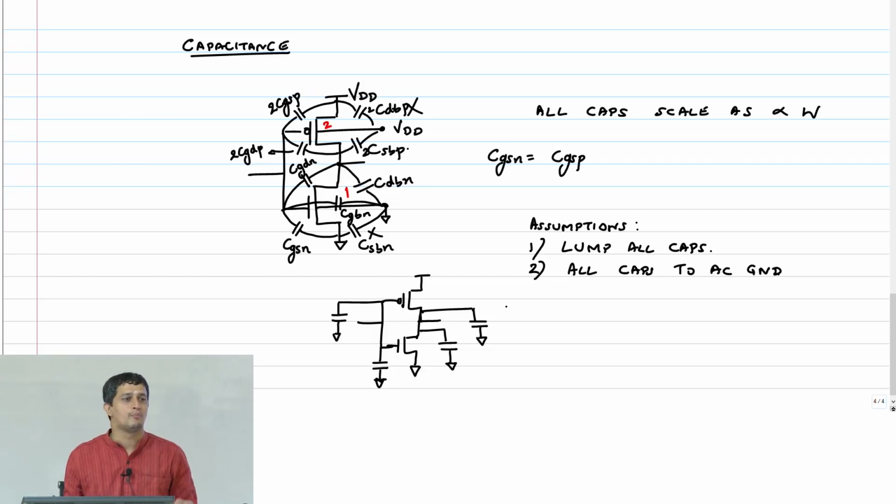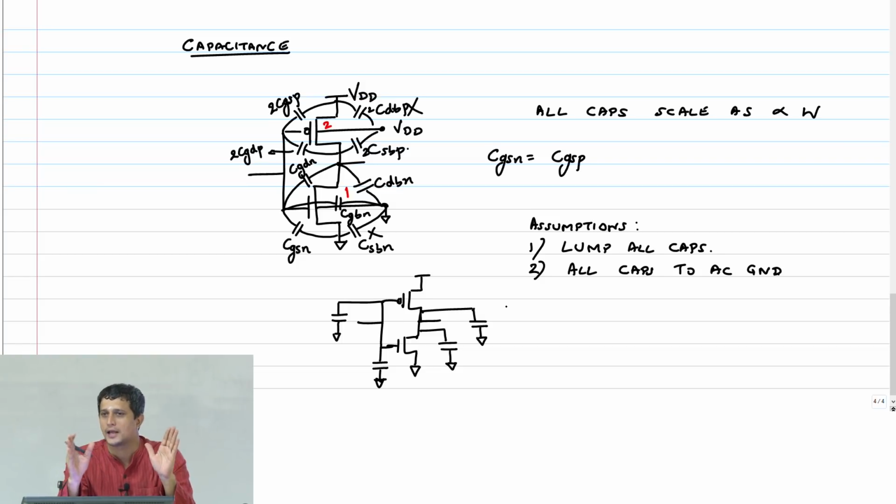Now we are going to make the biggest assumption which will make you question why we did all those calculations in module 1. We are going to assume that the CGD and CDB are basically of equal magnitude.